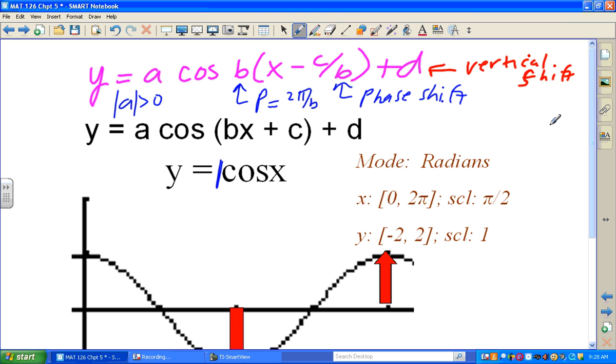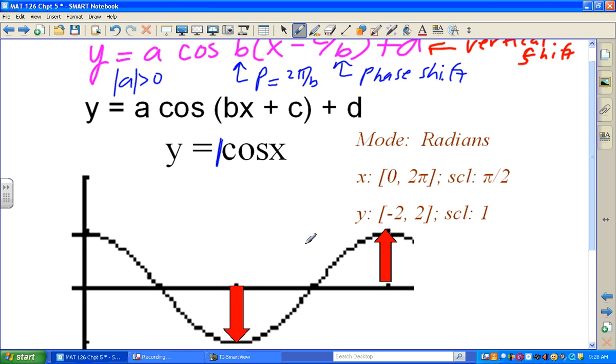You can graph it if you like, but it's going to look like this. Interesting test question I gave the other day. You see how this looks like a cosine curve if you just look at one cycle.